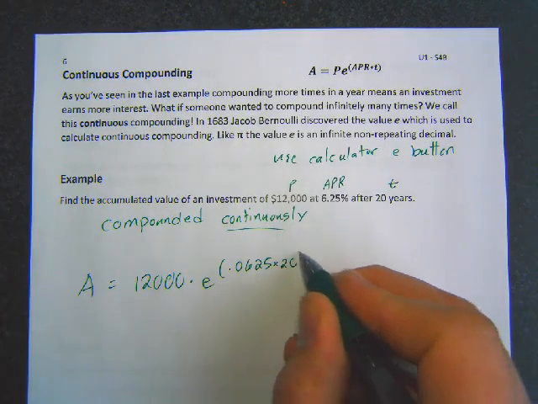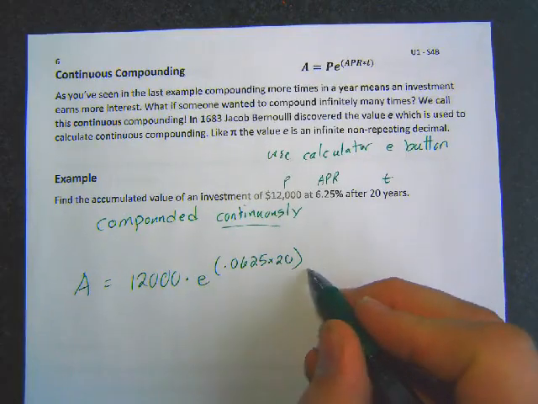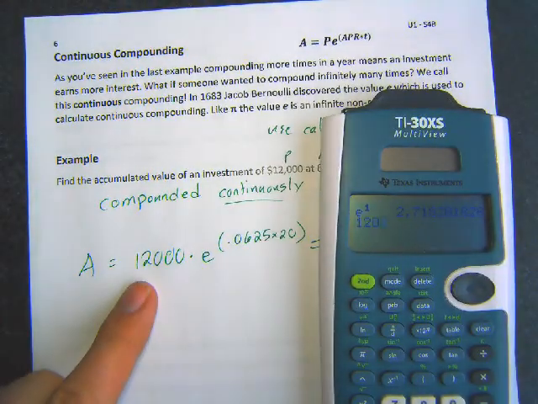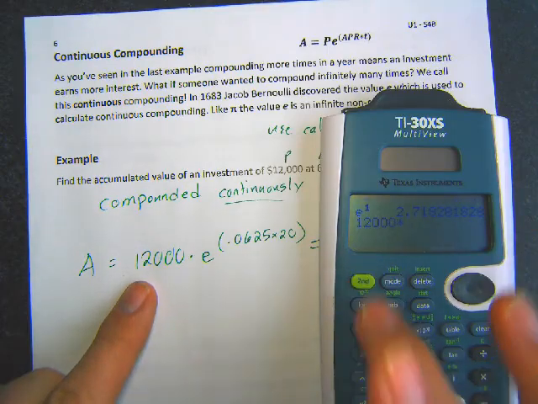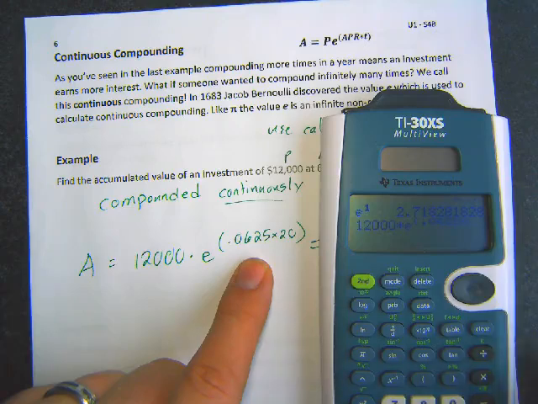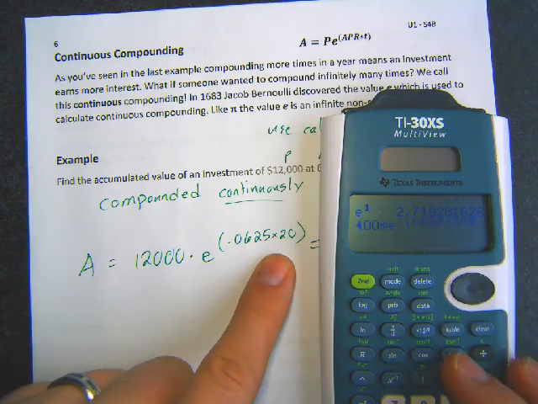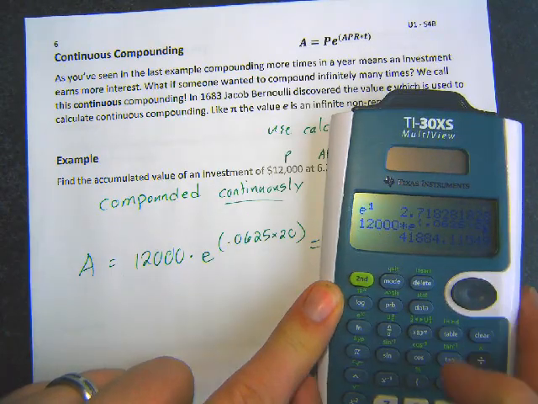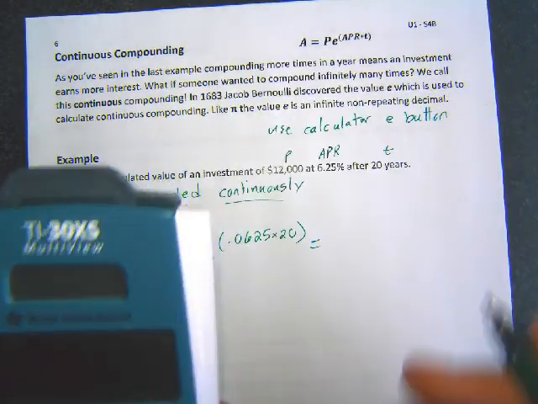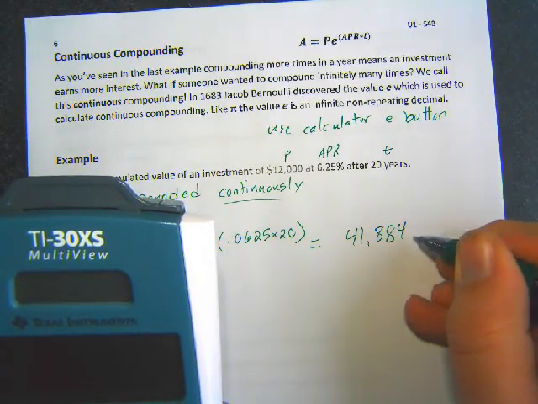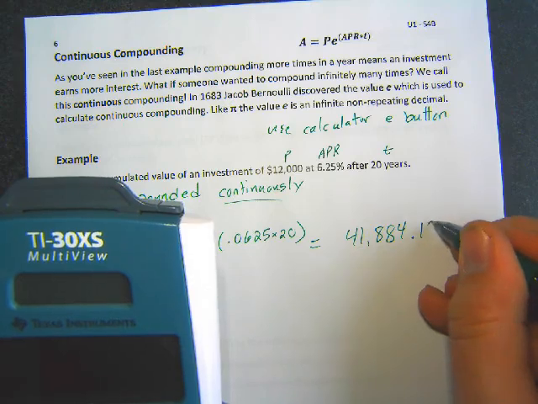So that's going to be our calculation for continuous compound. So 12,000 times, we hit second, E, my parentheses to make sure my 0.0625 times 20. Multiplication happens inside the power like it's supposed to, and that turns into $41,884.